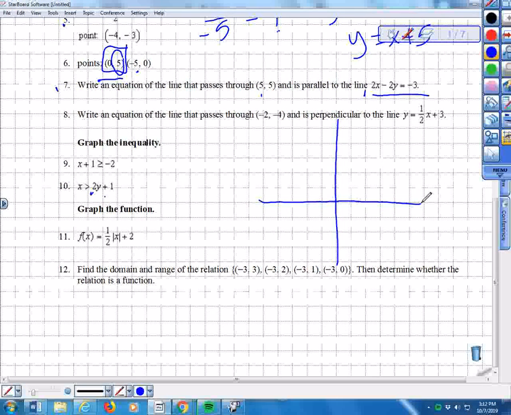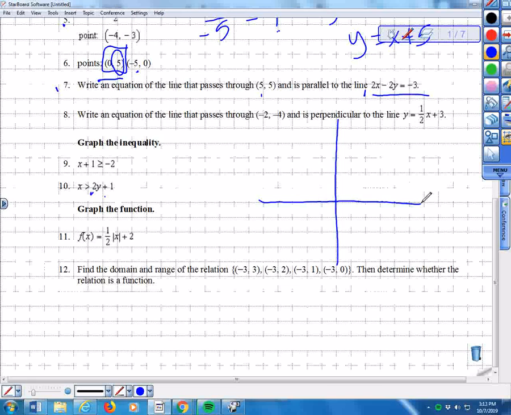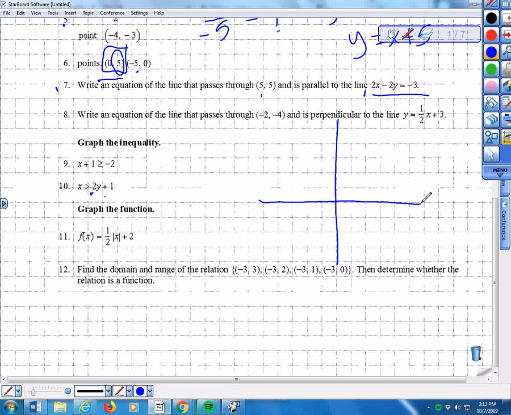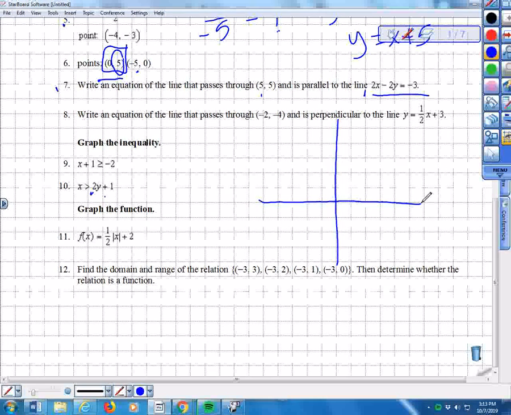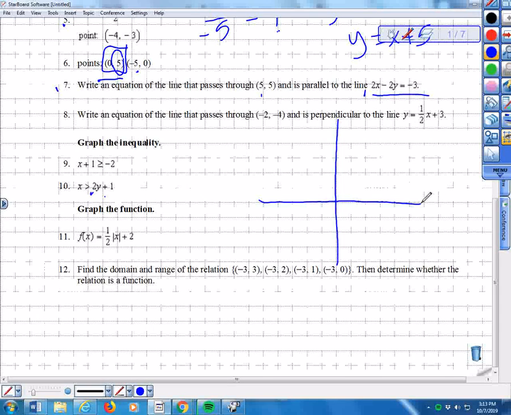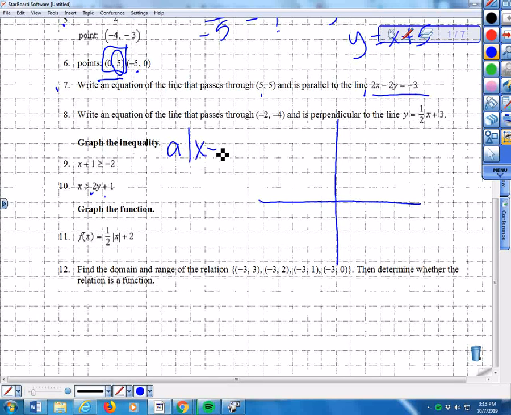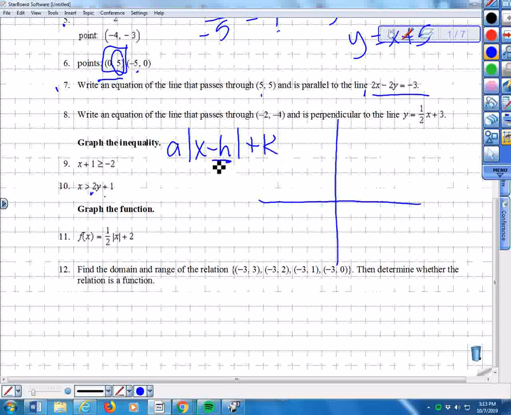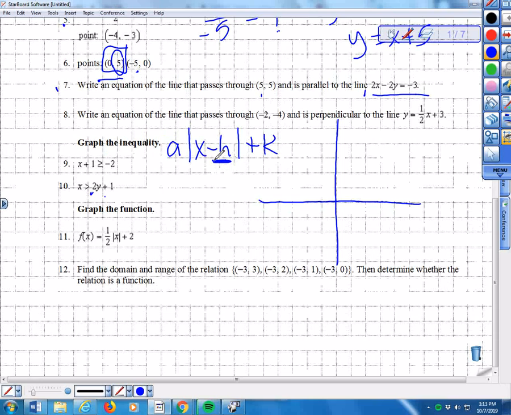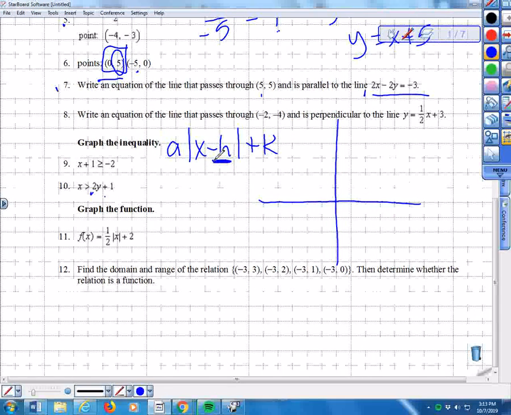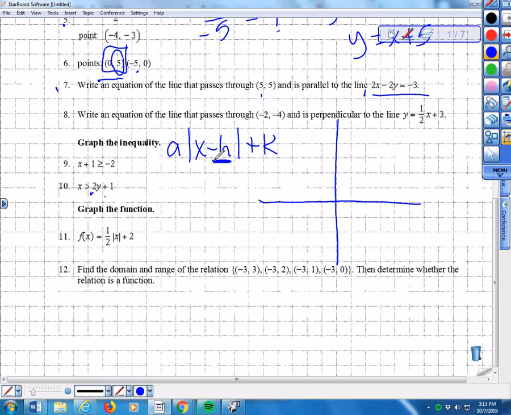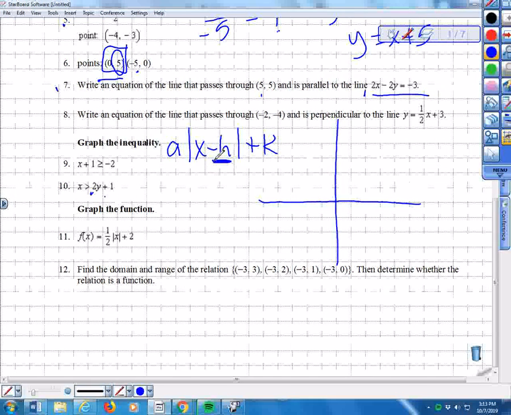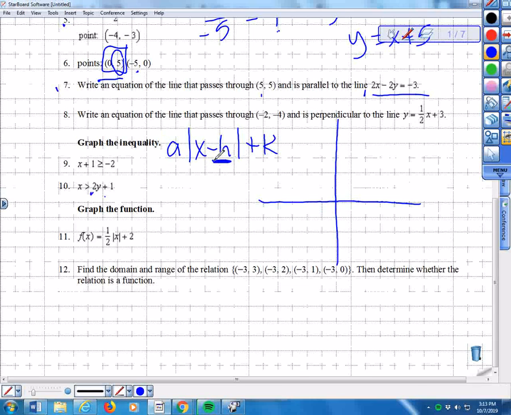Be careful, it's going to go left 2. That number, whatever's inside the absolute value, will tell you right or left. What is that number in our equation? 0. So it does not move this way.